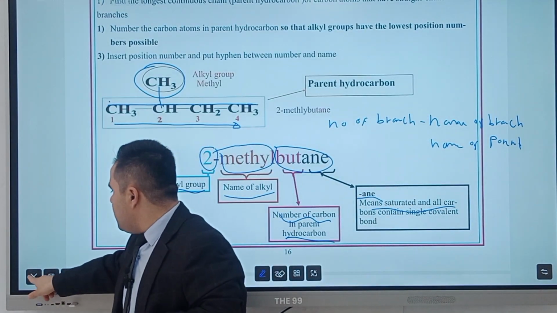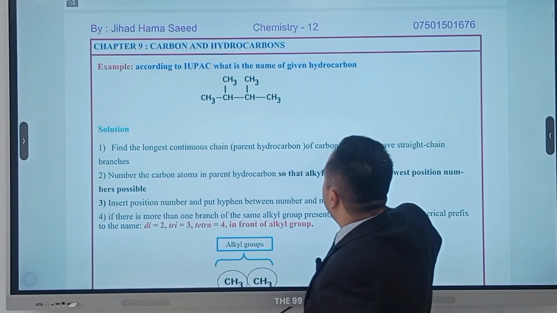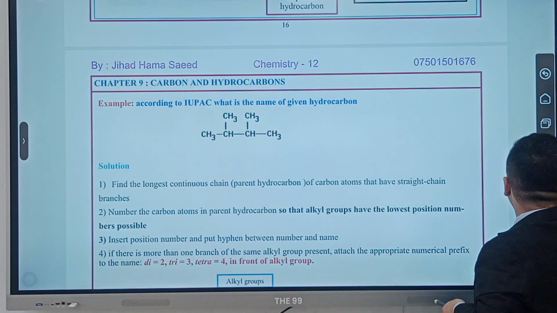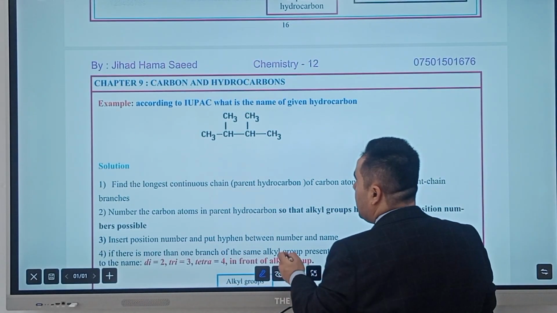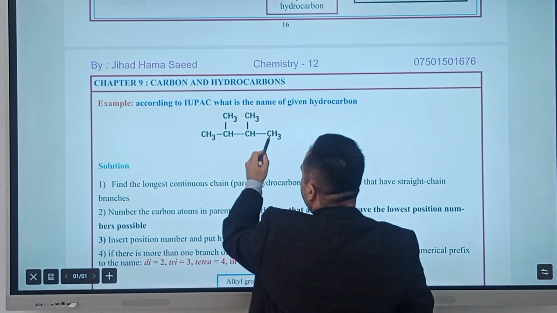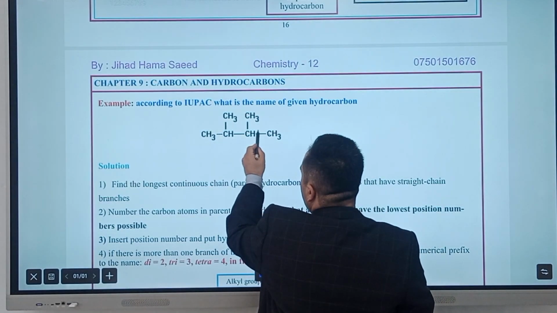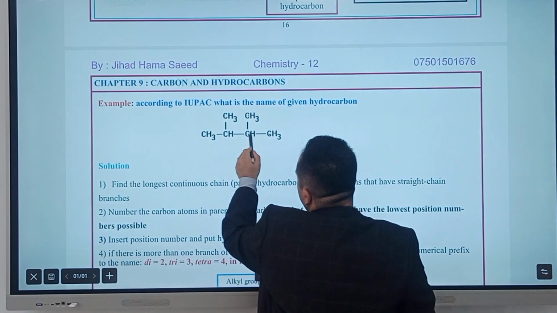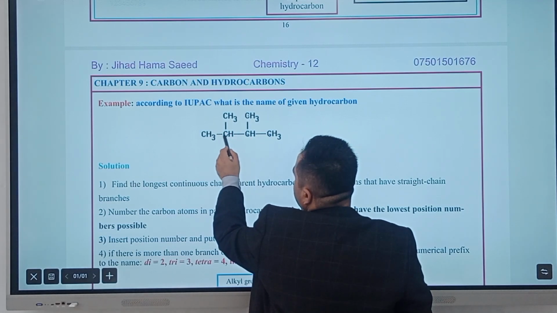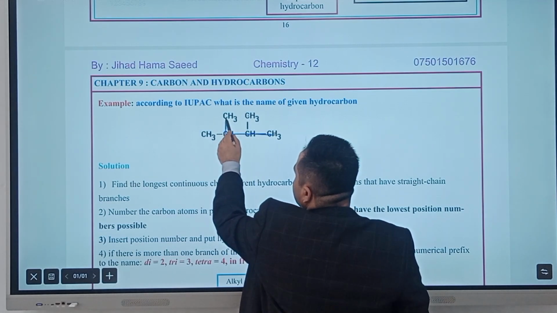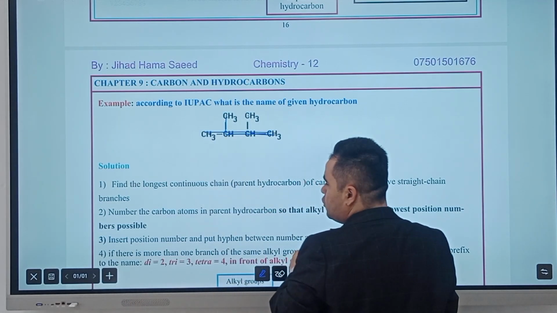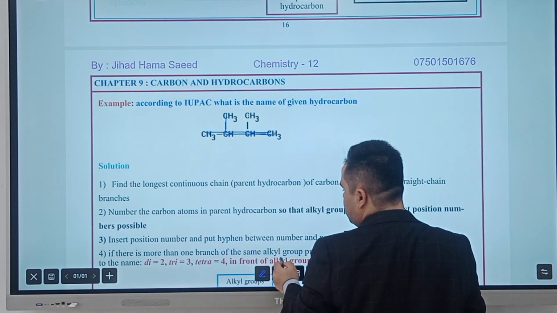Let us name more structures, guys. Have a look at this structure. Let us take the possible selections. 1, 2, 3. No, it's not. 1, 2, 3, 4. 1, 2, 3, 4. So you can take this or that. There is no problem. It's based on you. Okay, guys.